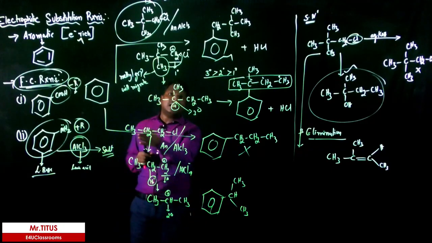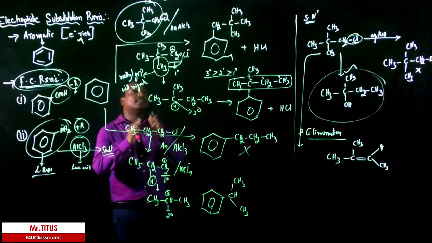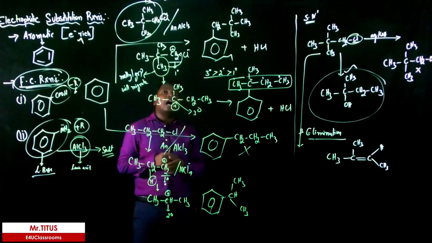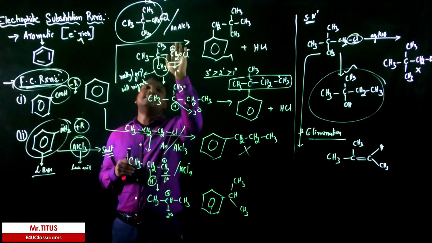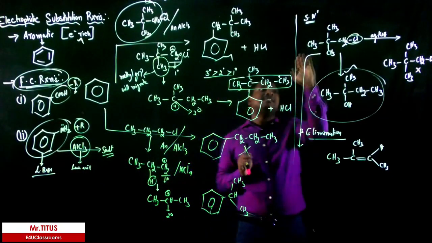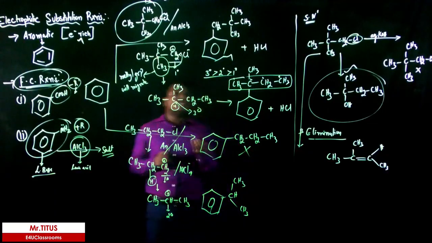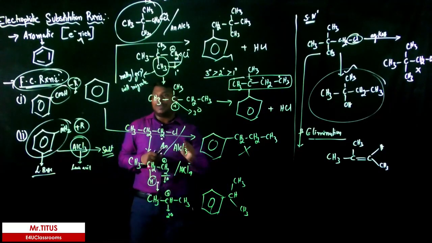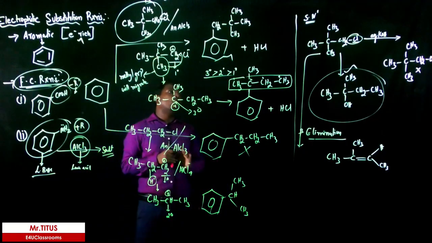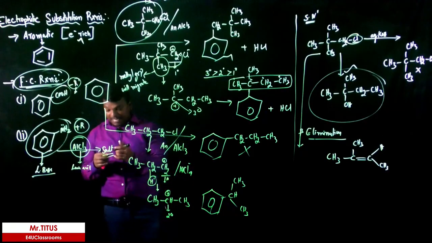In Friedel-Crafts alkylation and acylation, if they give you alkyl groups other than methyl, always check the stability of the carbocation. Not only here, even in nucleophilic substitution and elimination reactions, please check if there is any possibility of rearrangement of carbocation. Go for the more stable carbocation. This concept is applicable even there.